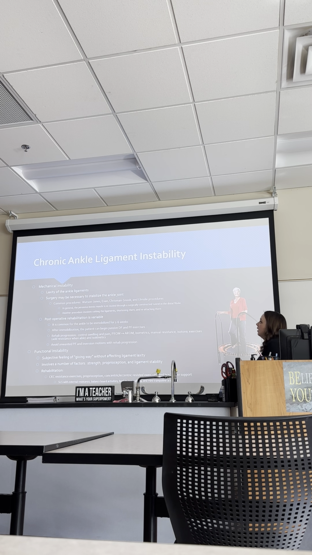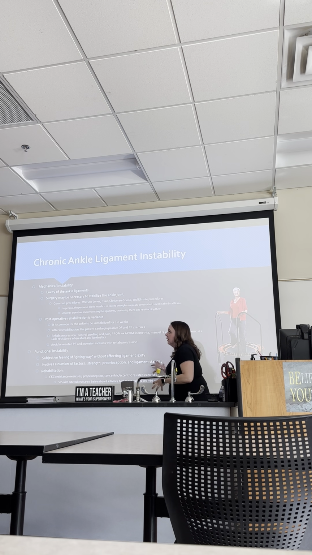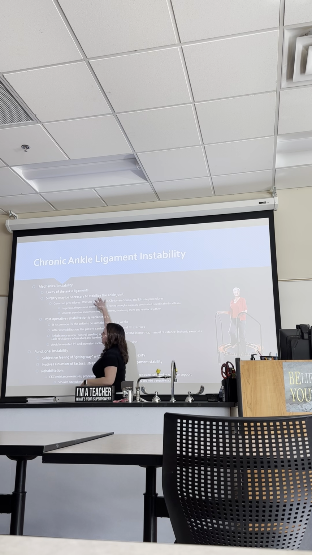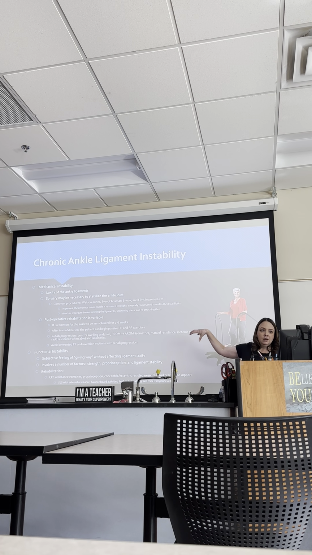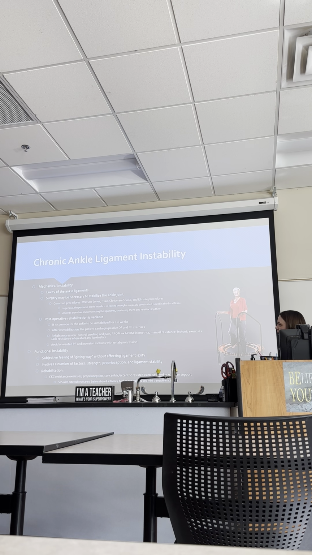If they've had an ankle ligament sprain and then they just have chronic laxity of the ankle ligaments, they may need surgery to stabilize it. And usually what will happen is the peroneus brevis will be rerouted to stabilize that distal fibula. So then post-op rehab is pretty variable depending on the surgery.